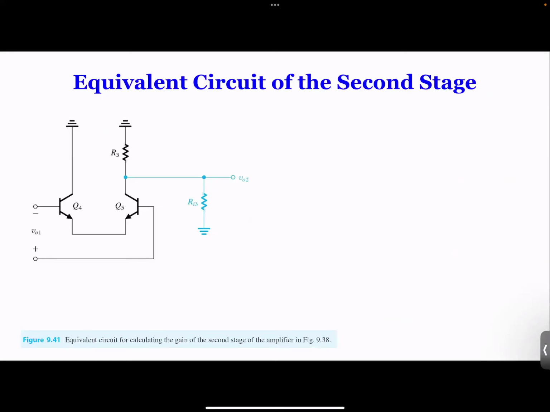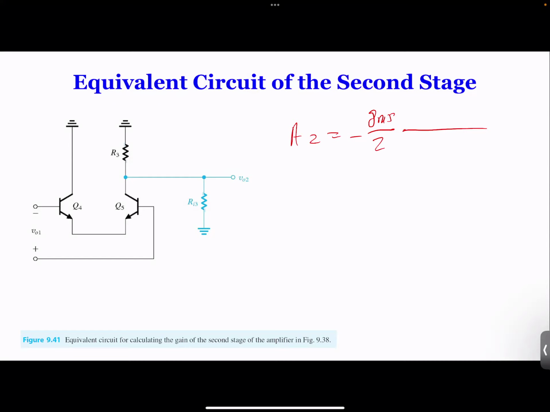And for stage 2, this is another differential amplifier, but it's single-ended. So we can use what the book says. You can inspect the resistance, and then we have A2 calculated to be... I mean, you can also use the first equation that we derived from the other circuit.